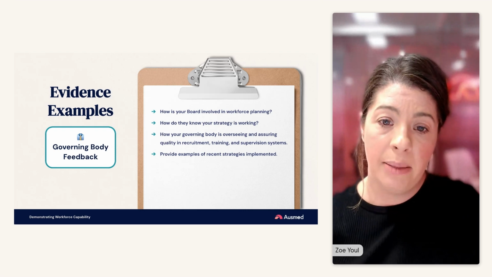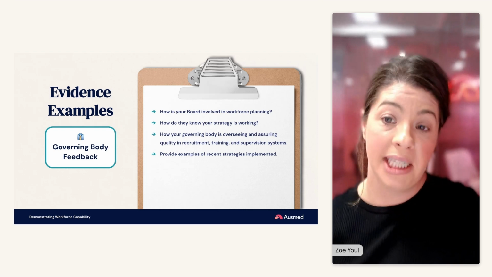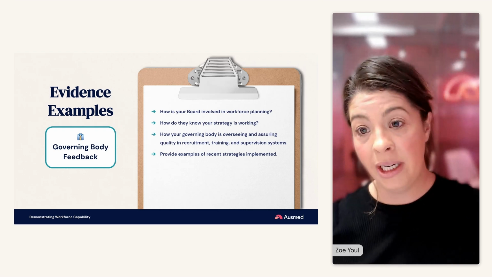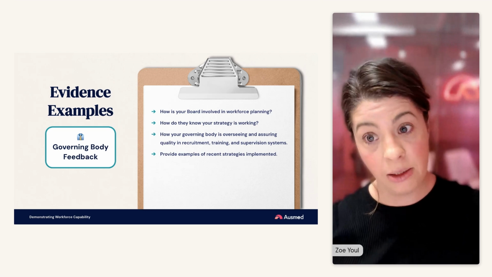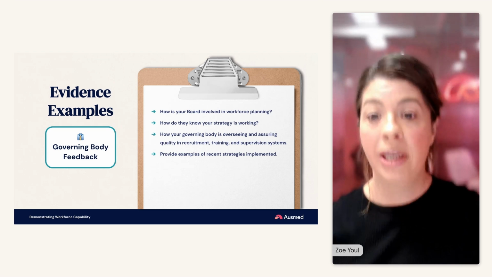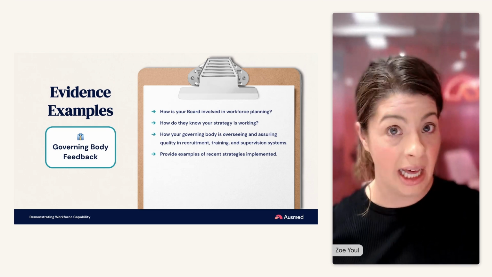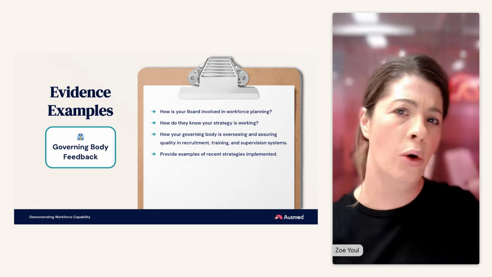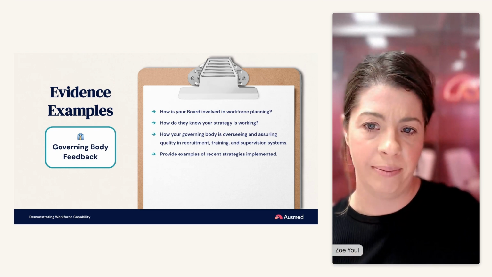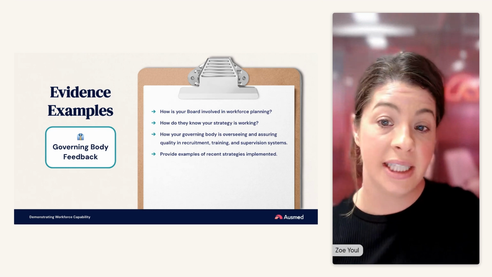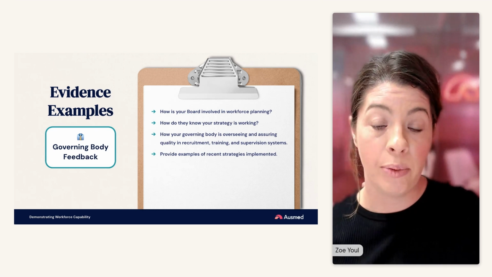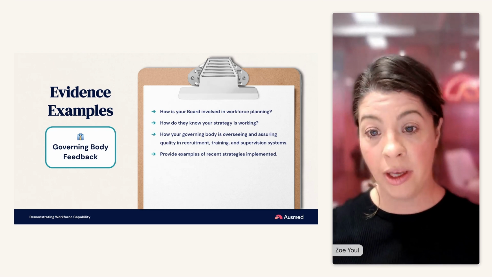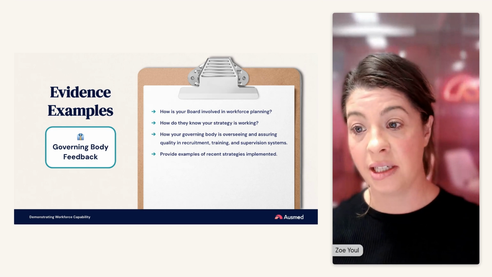When it comes to governing body feedback, this is critical. Now, this is your board. Auditors will and absolutely can ask, how is your board involved? They will ask them directly in workforce planning. How does your board know if your strategy is working? How are they overseeing and assuring quality processes when it comes to recruitment, training, and supervision systems?